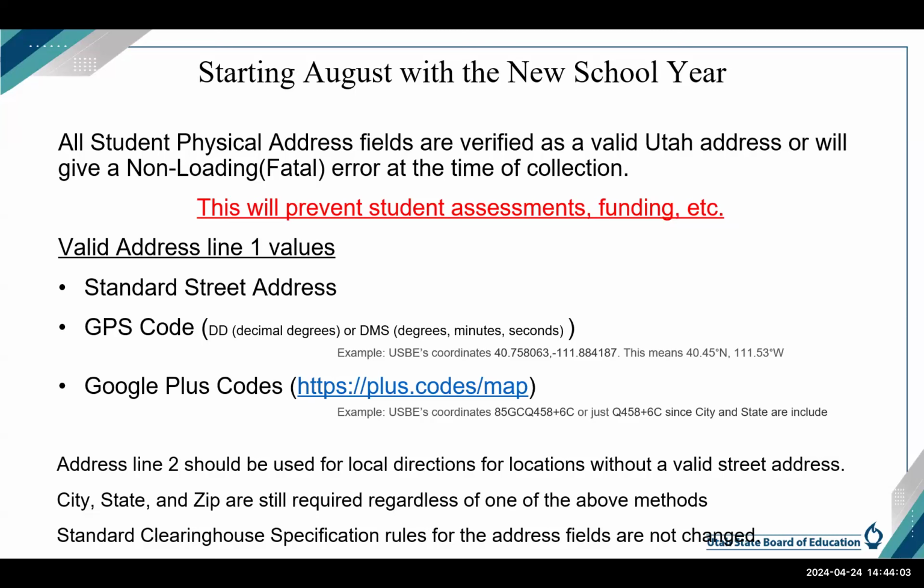As noted here, when this becomes a non-loading error, it's going to prevent student assessments, funding, and all the things that getting loaded into UTREX enables for a student. The state being able to represent that student just won't happen, or it won't be able to be updated.